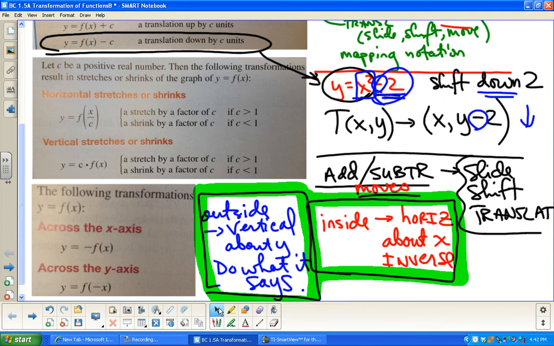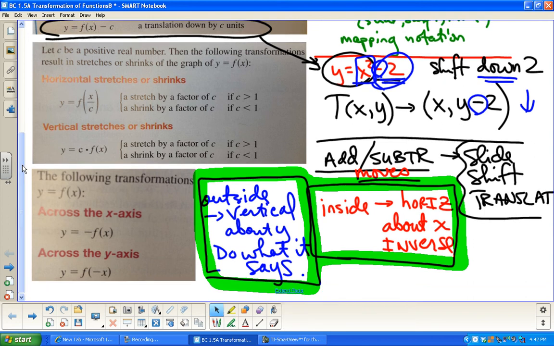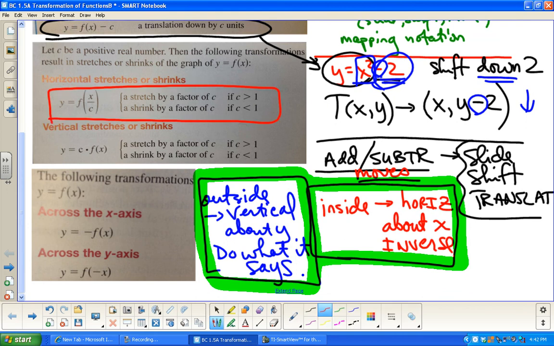Okay, so as we look at this rule, if I'm dividing inside, so inside means it's about x. So it's horizontal.